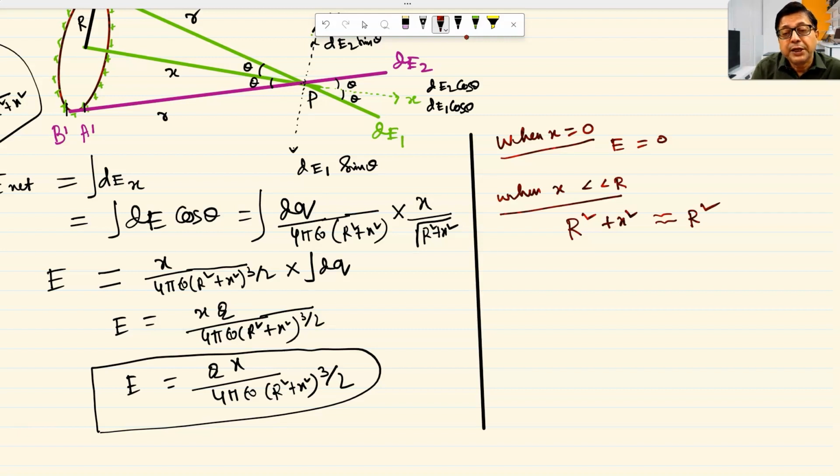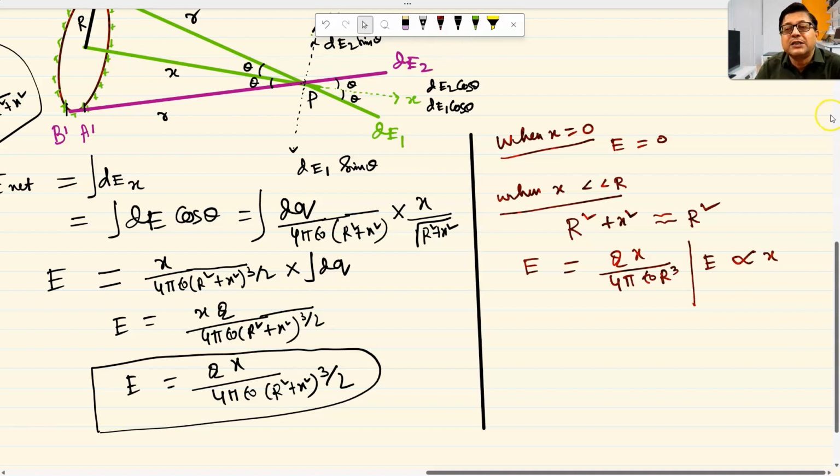So E is going to be equal to qx by 4 pi epsilon 0 r cube. So make this observation before you plot the graph, that E is proportional to x. The graph will be a straight line passing through origin.